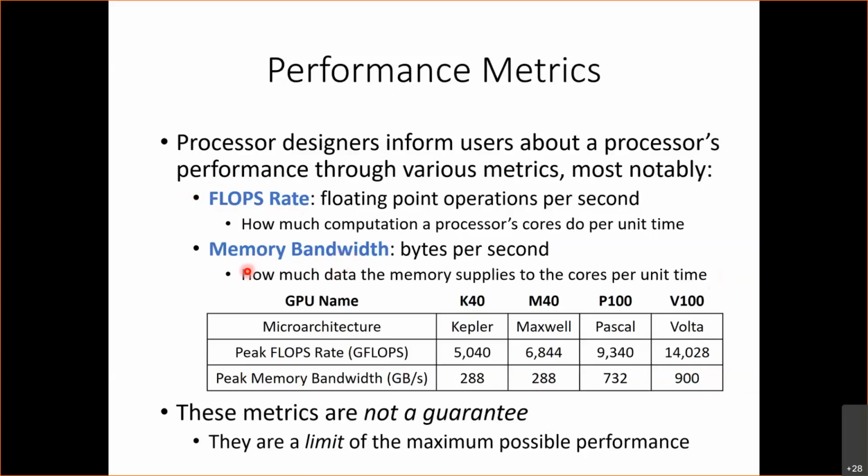Okay, so here I will try to be clear. Different people may use different terms for different things. I will try to be clear throughout the lectures about what I mean when I say bandwidth. So here I'm writing the peak memory bandwidth and the peak flops rate. Where we mean achieved, we'll usually say achieved memory bandwidth or achieved flops rate.